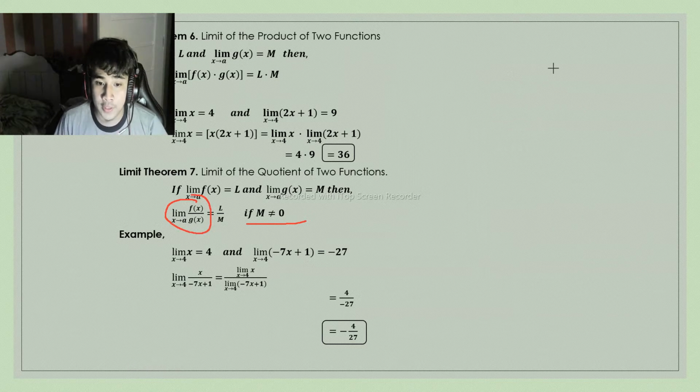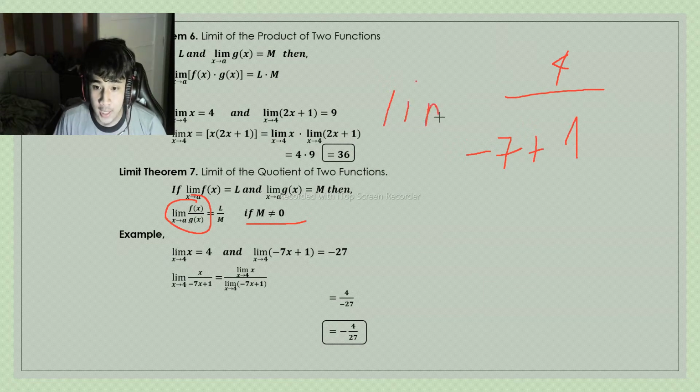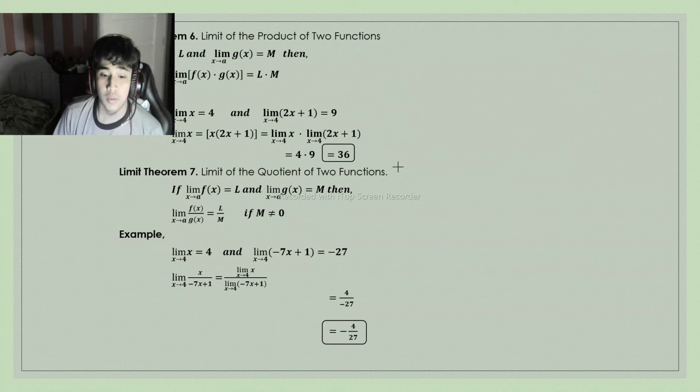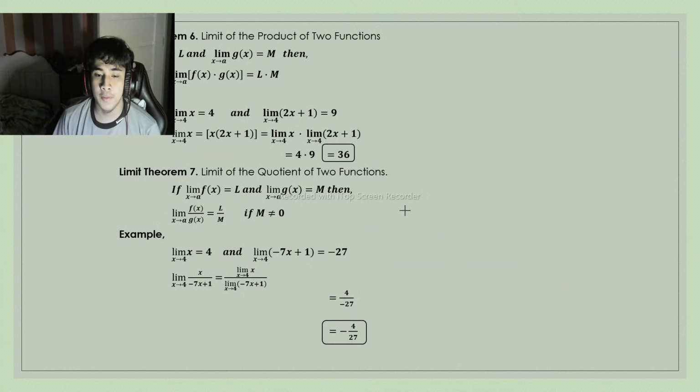So ang f of x natin ay 4, tapos ang g of x natin ay negative 7x plus 1 as x approaches 4. So para masimple ang gawa, i-substitute muna natin ang value ng 4 sa x. So will give us an equation like this.